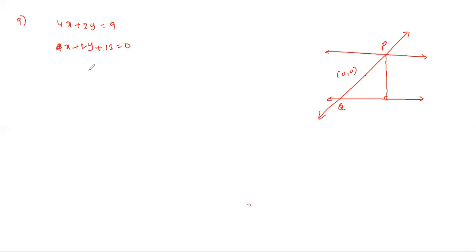Mod C1 minus C2 by root a square plus b square. So 12 plus 9, 21, over root of a square plus b square, 16 plus 4, 20. So 21 by root 20 is the distance between the parallel lines.